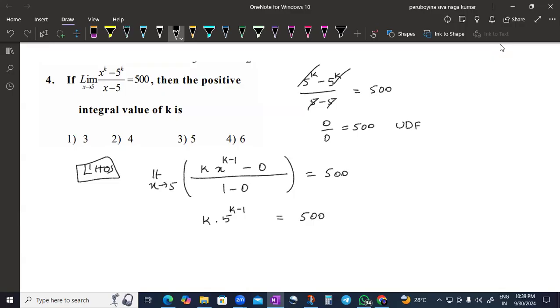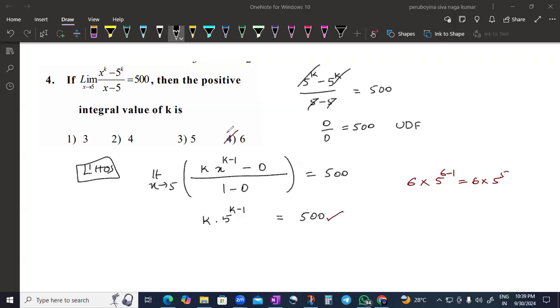Which will be a correct fit for this? First we will try with 6. So is it 6 multiplied by 5 power 6 minus 1? How much is it? 6 into 5 power 5. 5 power 4 is 625, so it has crossed this value.